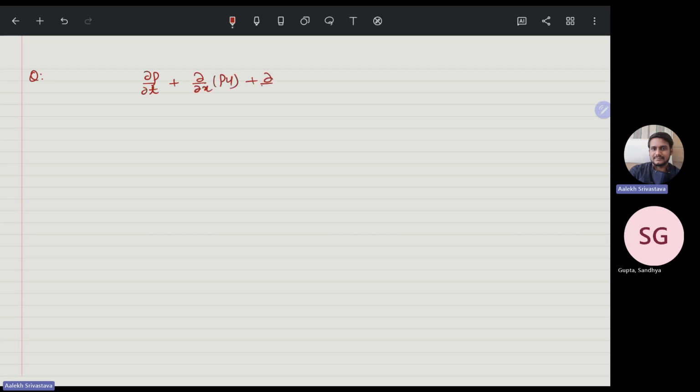So this is your scalar form. There is also one form that is d rho by dt plus del x of u plus del y of v plus del z of w. So this is again another form.